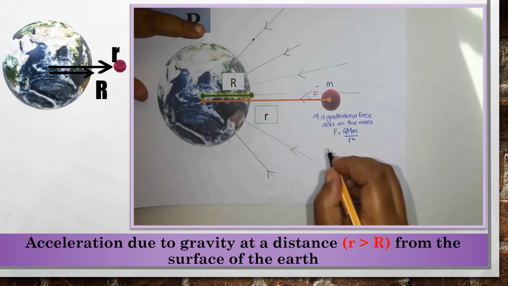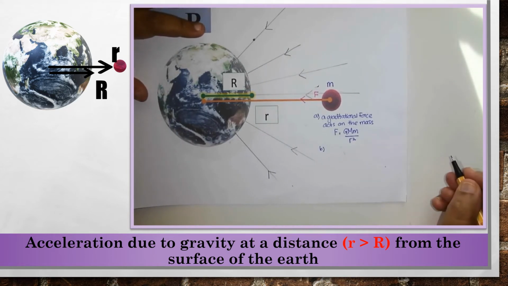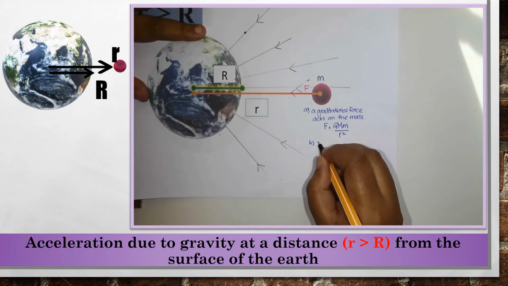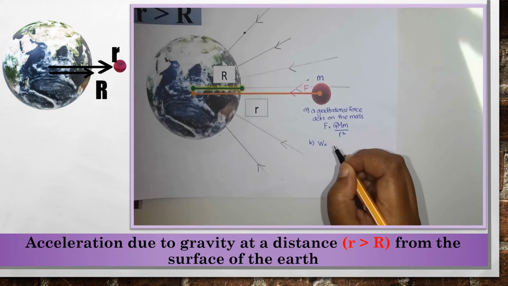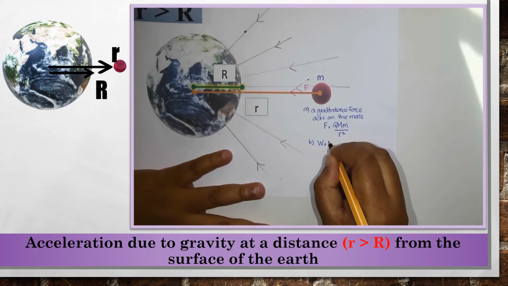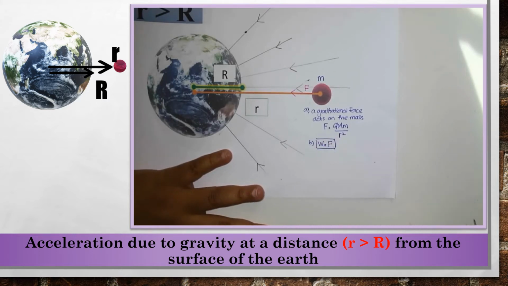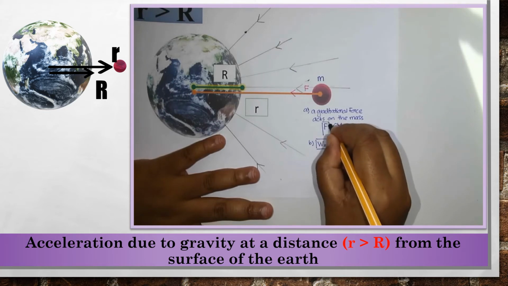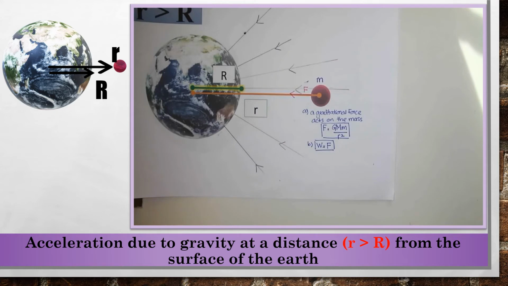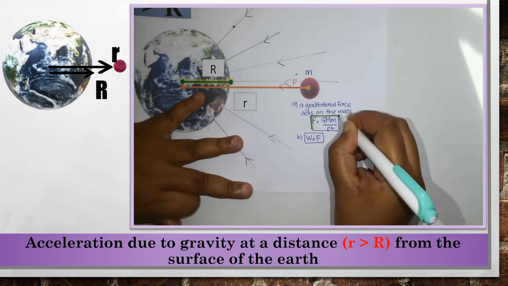Then the next concept is that the weight of a body is the gravitational force on the body. First I'm going to draw it here to highlight the concept. If you know the concept, you don't need to memorize how to derive the formula, class, because you understand how it works.